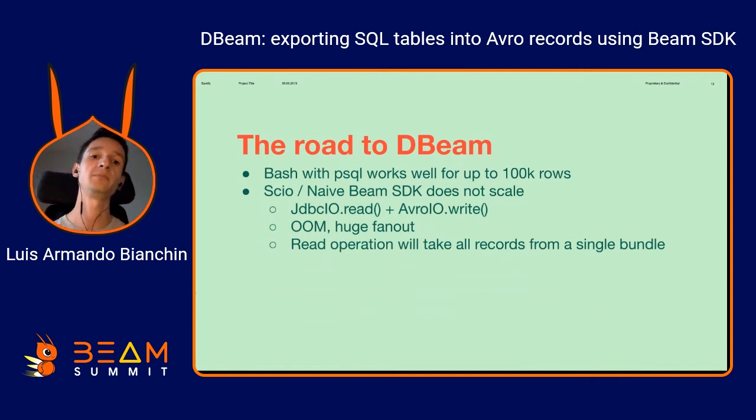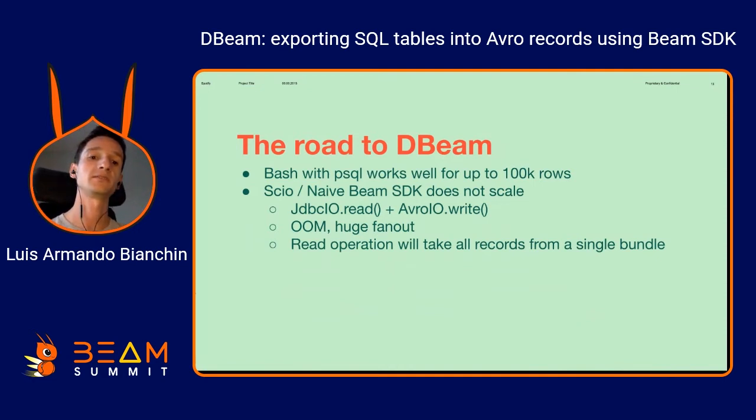When we first started writing DBeam with Scio, or even with the native Beam SDK, it did not scale because we were trying to use JDBC IO read combined with Avro IO write.